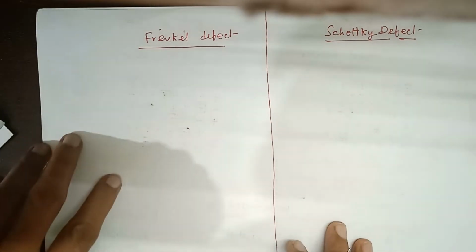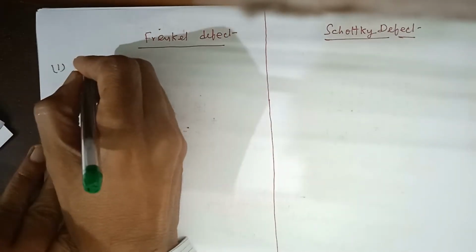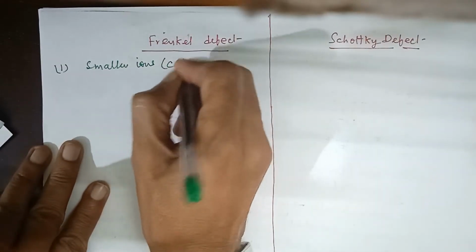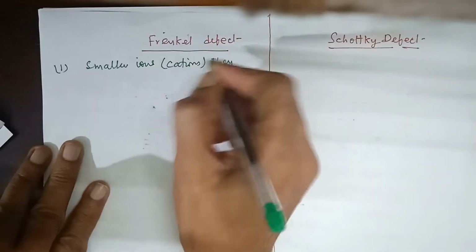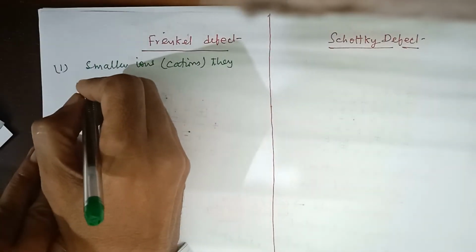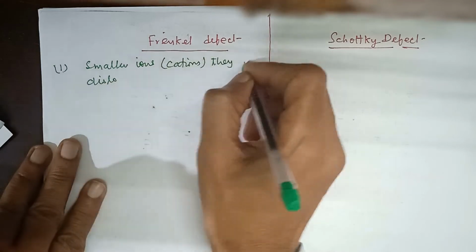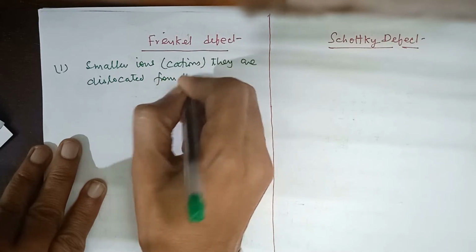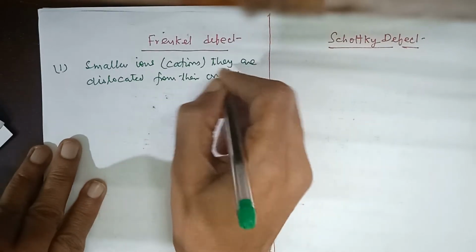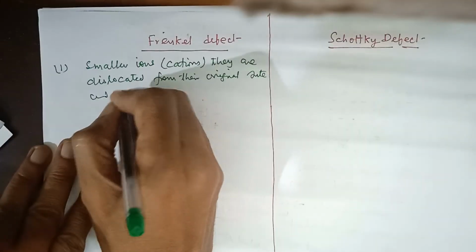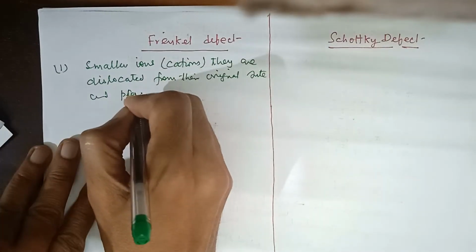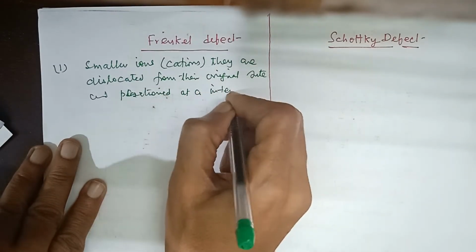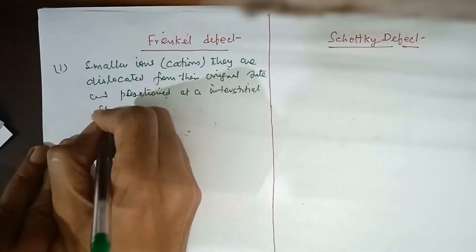So in Frenkel defect, the smaller ions, that are cations, are dislocated from their original site and positioned at an interstitial space.